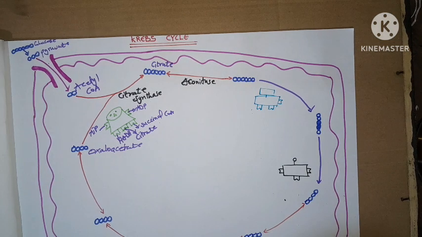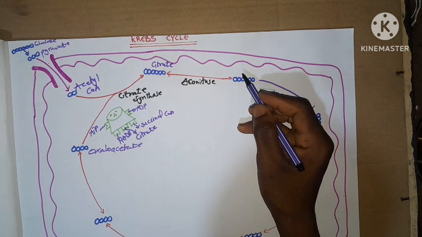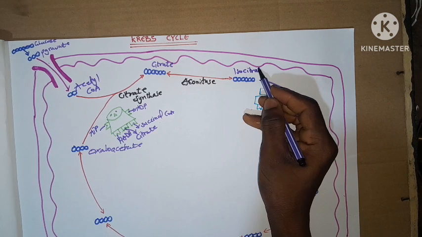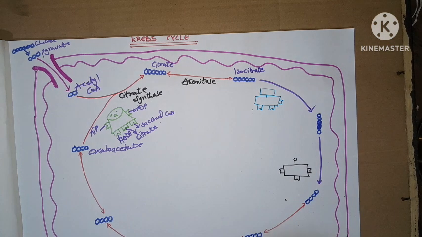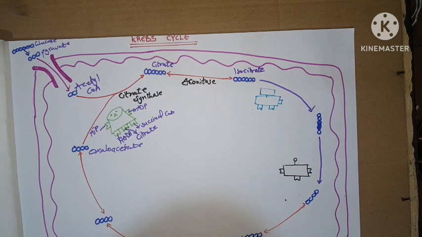This enzyme will convert citrate to a new molecule known as isocitrate. This isocitrate has the same number of carbons as citrate. They both have 6 carbons, just that it undergoes an isomerization reaction.